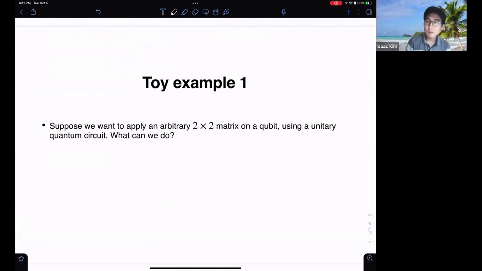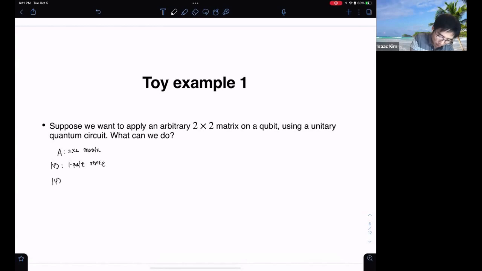So suppose I have a 2 by 2 matrix, let's call it A. What I want to do is, given an arbitrary single qubit state psi, apply this transformation on a quantum computer. Of course, the quantum state has to be normalized properly.